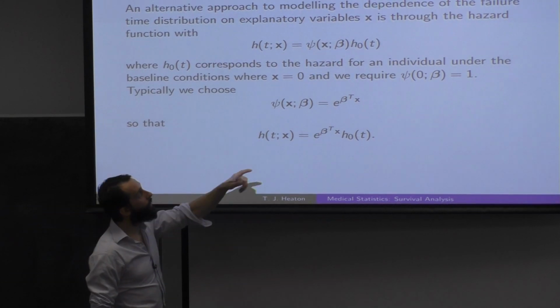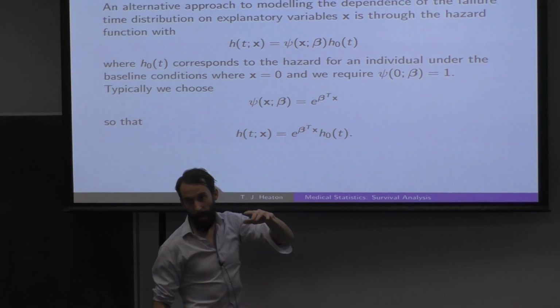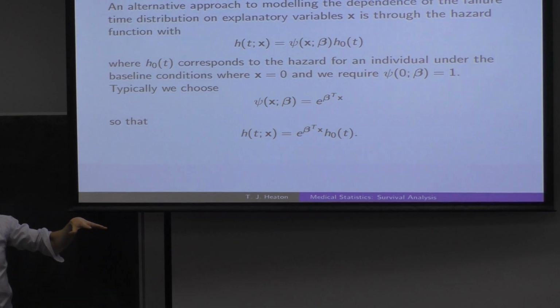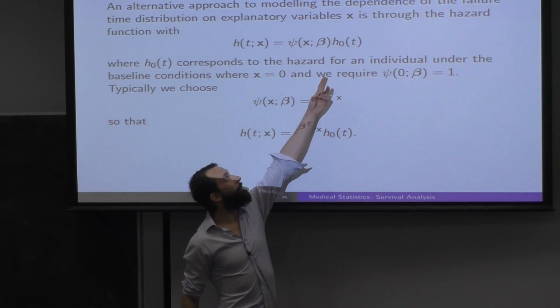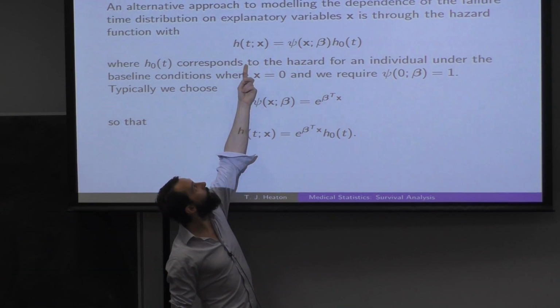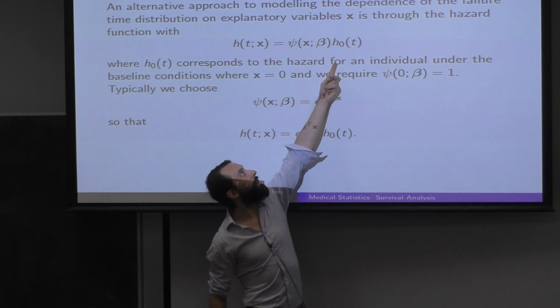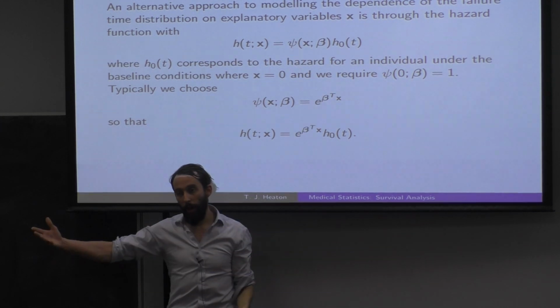Again, I'm going to choose some baseline hazard, a hazard for a baseline individual, h naught of t. And then for an individual who now has explanatory variables x, I'm going to modify the hazard by taking the baseline hazard and multiplying it by something.